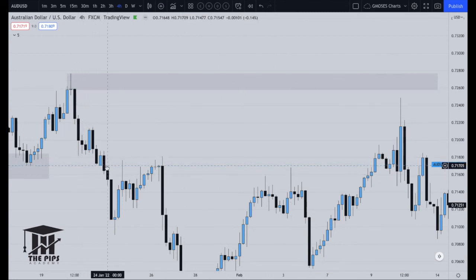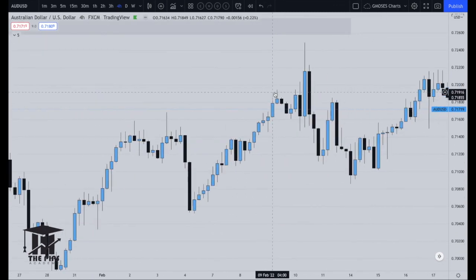Price pushed away, creating more bearish order blocks, and price eventually came back to retest, but it didn't come all the way back. Now, the reason that it didn't come all the way back is because if you look over here, we have a level of inefficiency, and this is something that we'll teach in another video as well. But price came back to this level of supply, which is this order block here, before it actually pushed away.